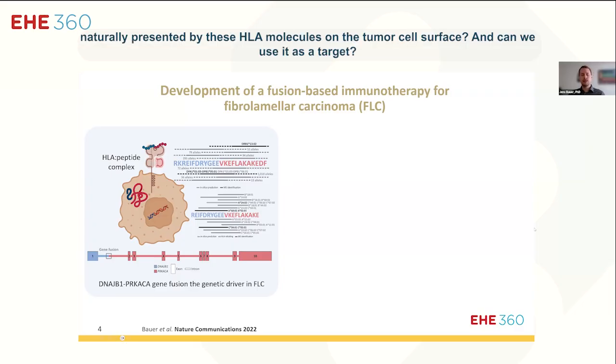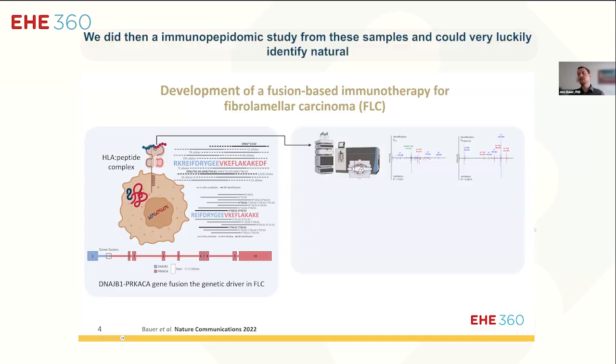And can we use it as a target? We did then an immunopeptidomic study from these samples, and could very luckily identify naturally presented antigens directly from the fusion region, which is then a specific neoantigen that was presented by these cells.